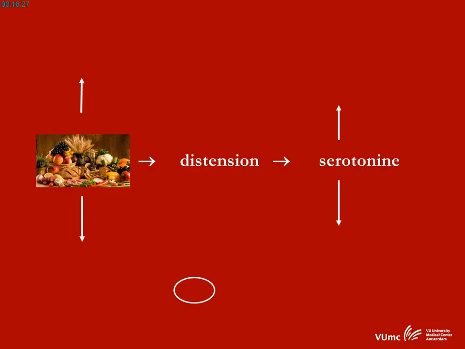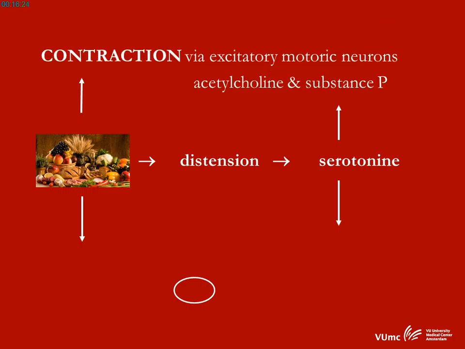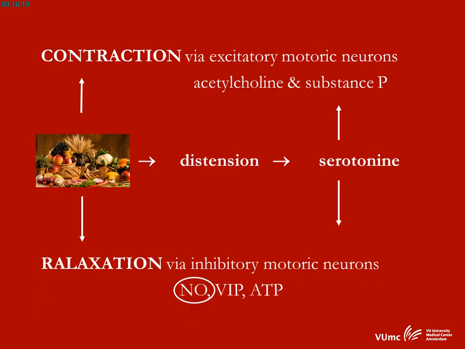If we get food into the stomach, there is contraction upward and there is relaxation downward. If we look at relaxation, nitric oxide is one of its mediators. We can understand now that in case of inflammation and sepsis, there is overproduction of nitric oxide, and this is one of the mechanisms of relaxation, of dysmotility, of loss of contractions of the intestines.